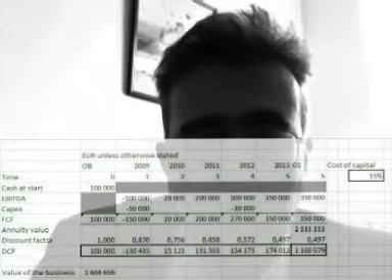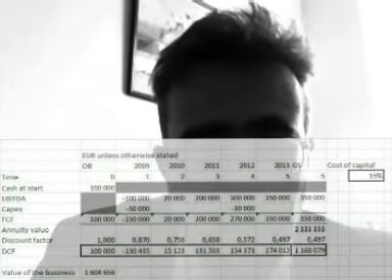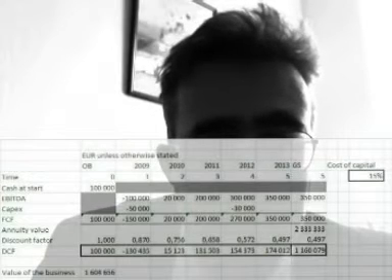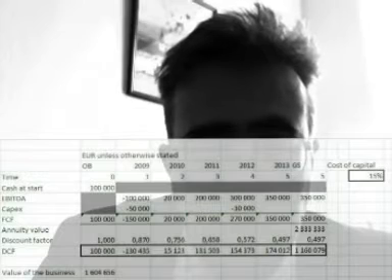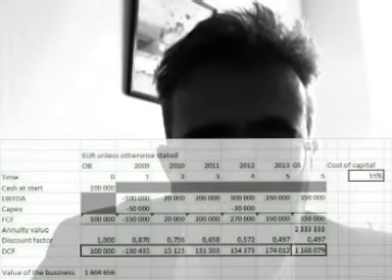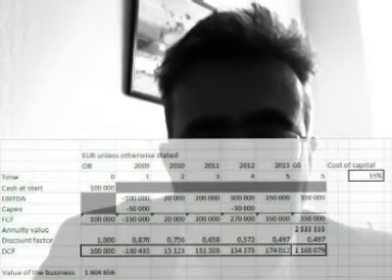Because that's the end, the opening balance of time 6 is time 5. So I put time 5 in the number 4 line, and then we put the annuity value in here. Let's put it in the FCF line, that'll make it even easier.